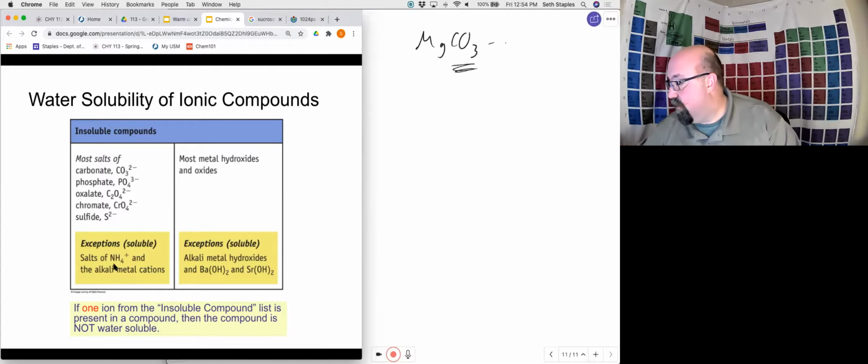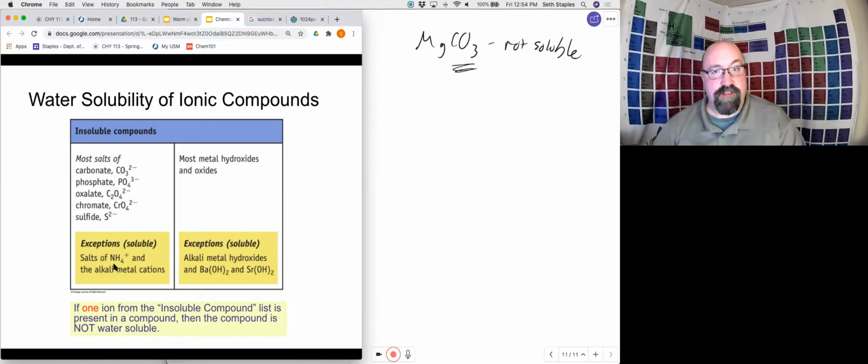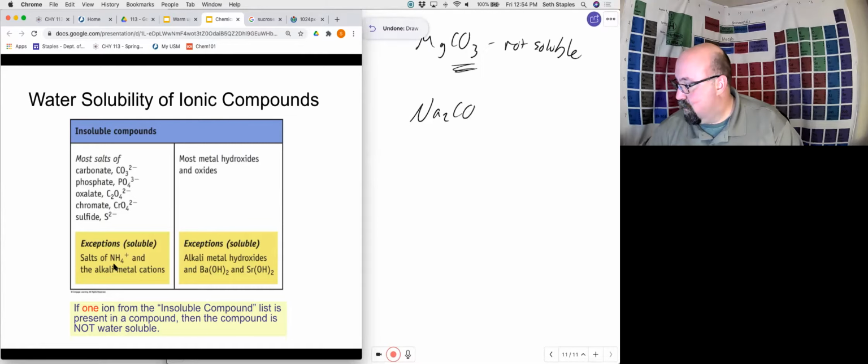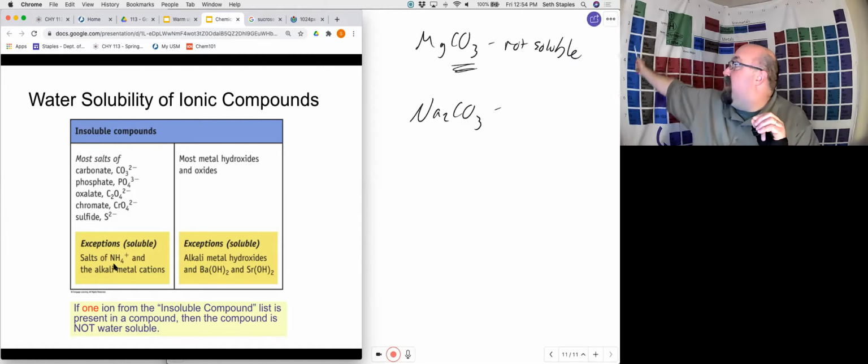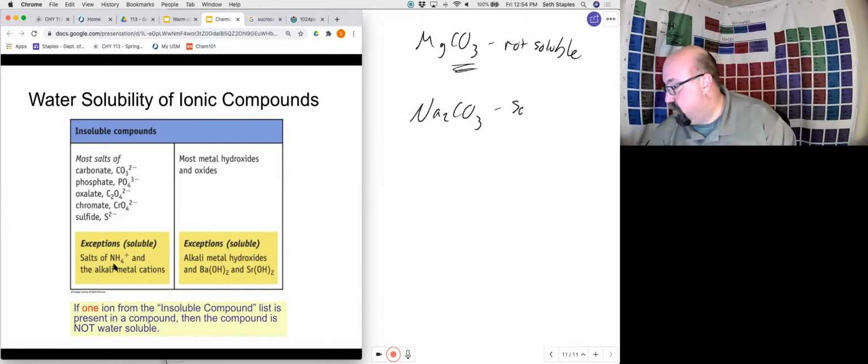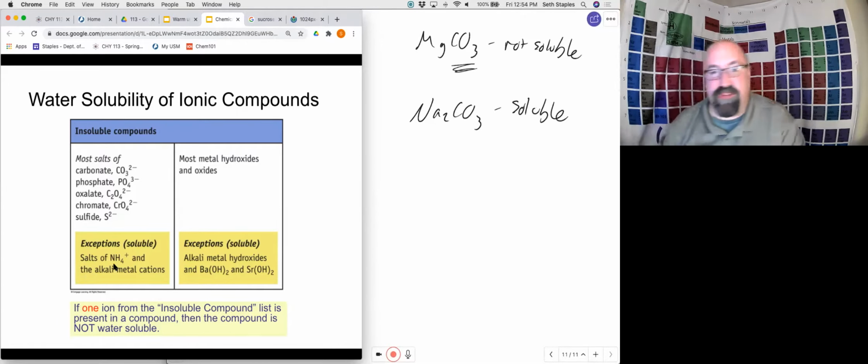Magnesium is not on that list, so magnesium carbonate, not soluble. Sodium carbonate, on the other hand. Now, most carbonates are not soluble, but if your cation is any of the alkali metals, which sodium is, then that's an exception. So that is going to be soluble.